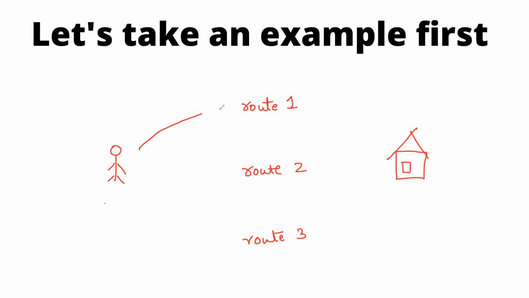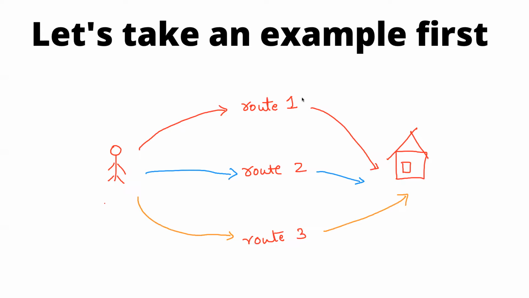If you opt to go in this direction, it will take you to your house. If you opt to go with route 2, even that will take you to your house, that is this one. And if you opt for route 3, even that will take you to your house. All of them take you towards your house. There is no differentiation here regarding the approach. So this is the example I wanted to take.